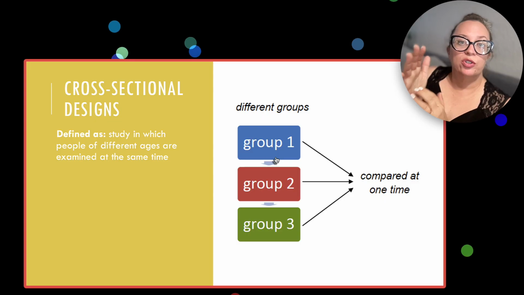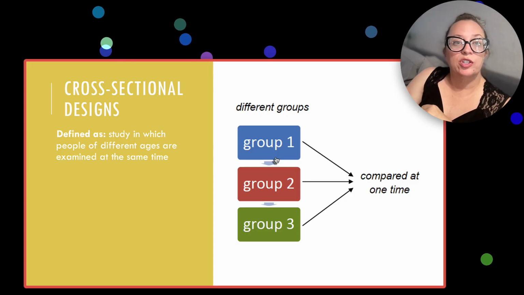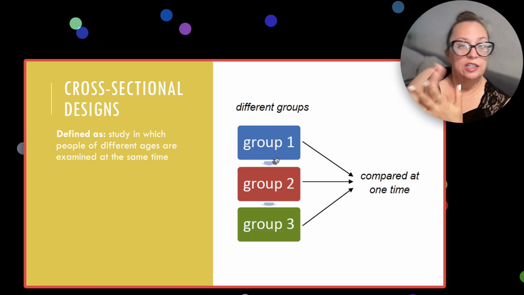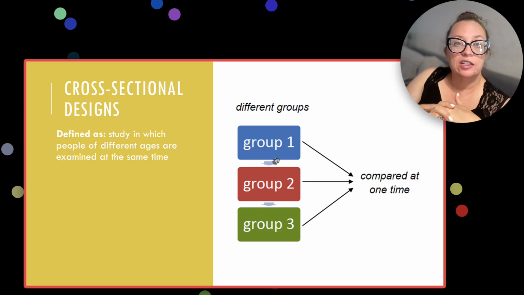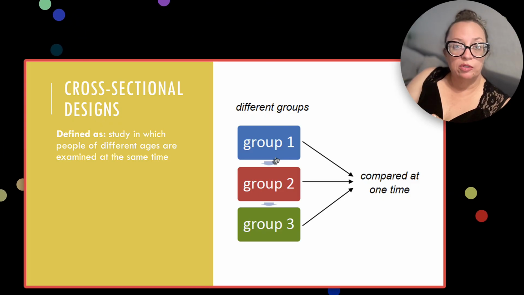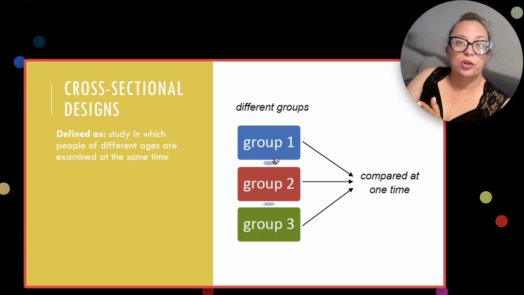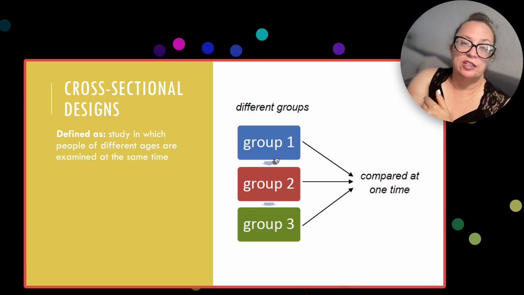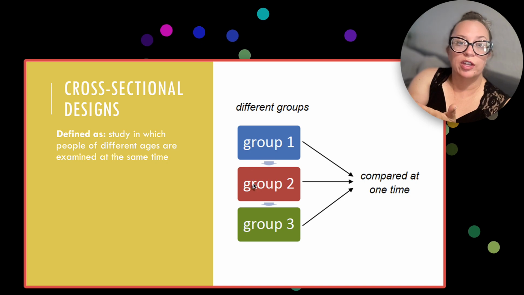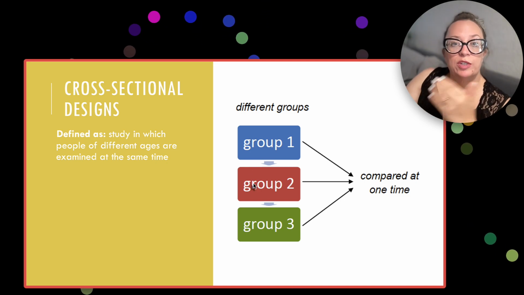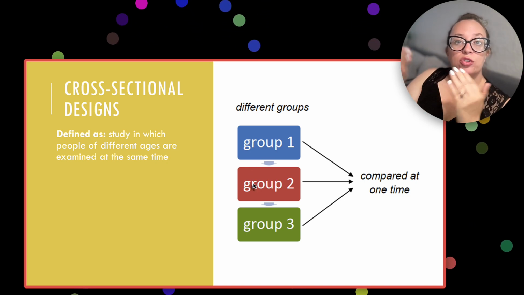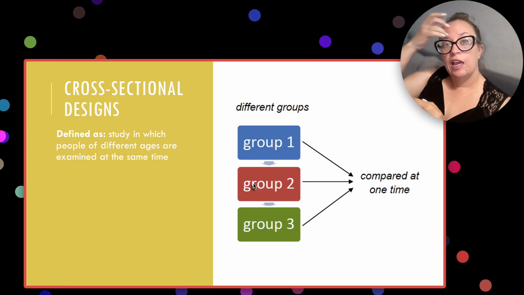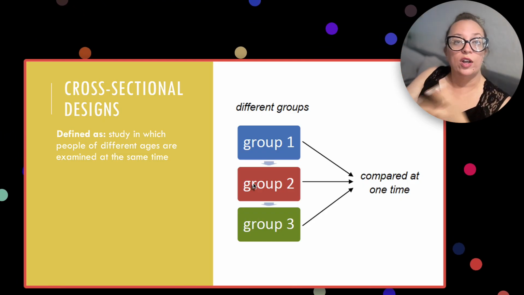So cross-sectional research will be done if we want perceptions of children and adolescents and adults on the COVID-19 pandemic, right? We would have to ask each of those groups separately, right? We can't ask one person, say a child, how they would interpret it as an adolescent, right? It doesn't work that way. If we're interested in multiple age groups at a certain point in time, we have to go with this cross-sectional design, pull individuals from each of those age groups and compare them at once at the same time.